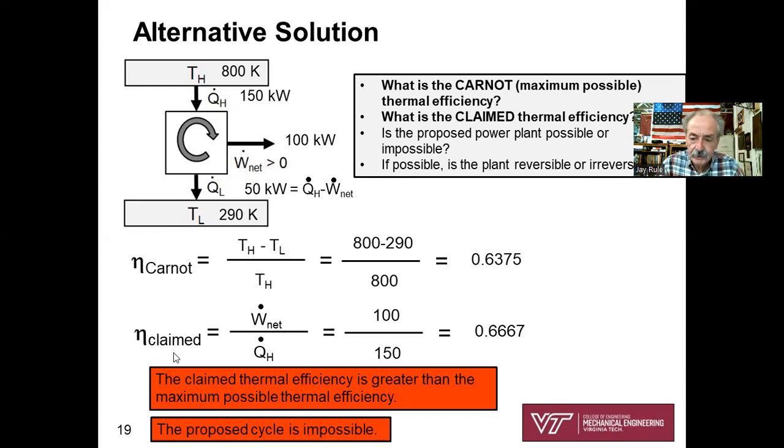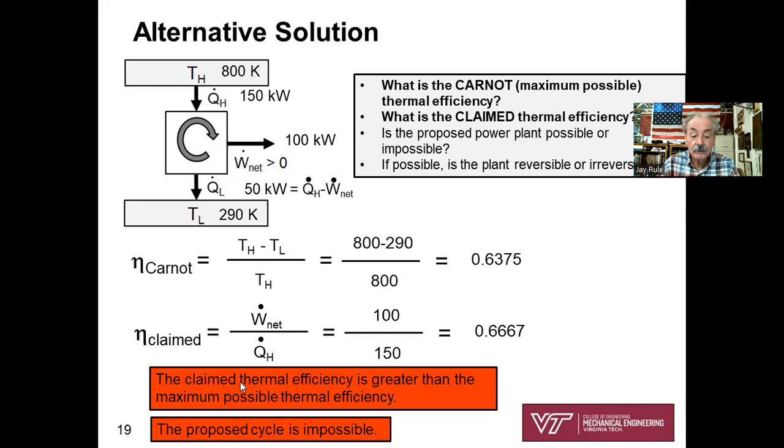And the inventor's coming to you with 100 over 150, the energy sought, W dot net, over the energy that costs, Q dot H, which is 67%. No matter how much you wish or hope, the proposed plant is impossible. You'd be wasting your money in purchasing this proposed power plant because it will not work.